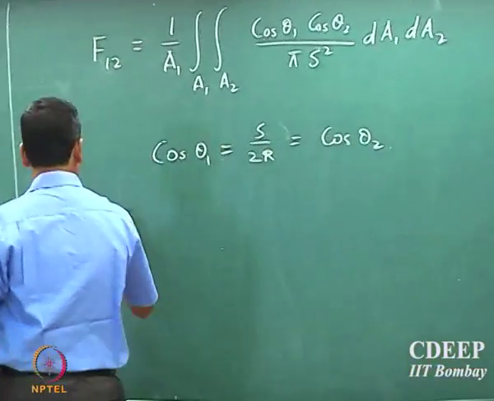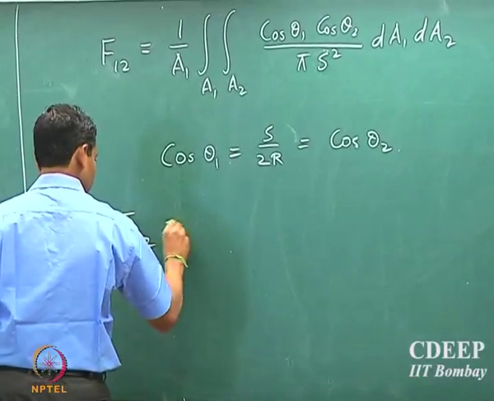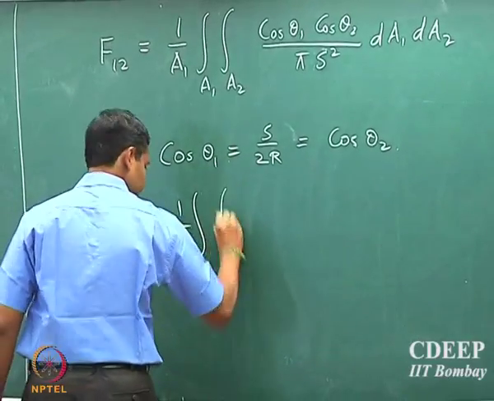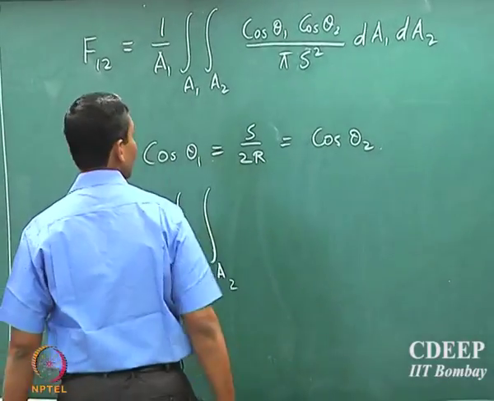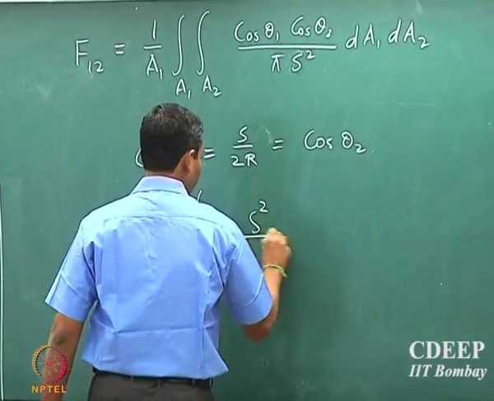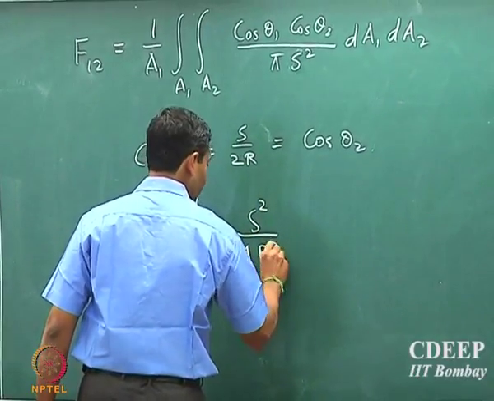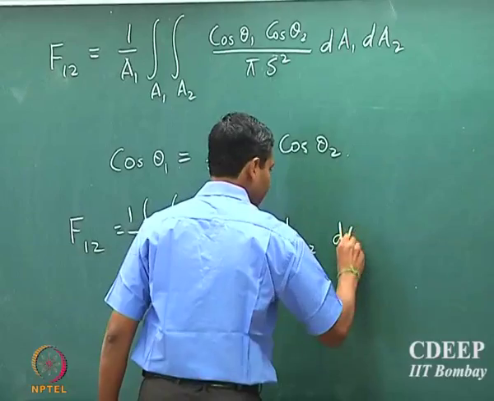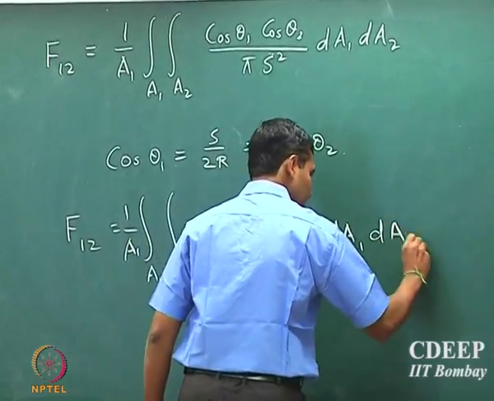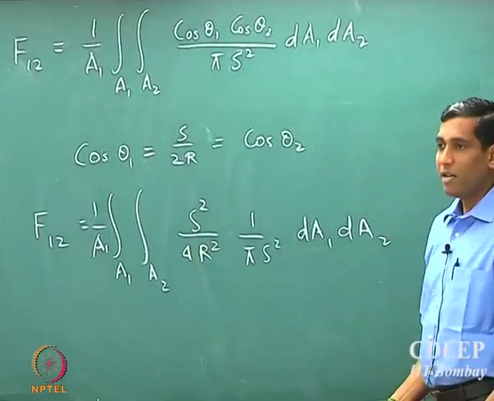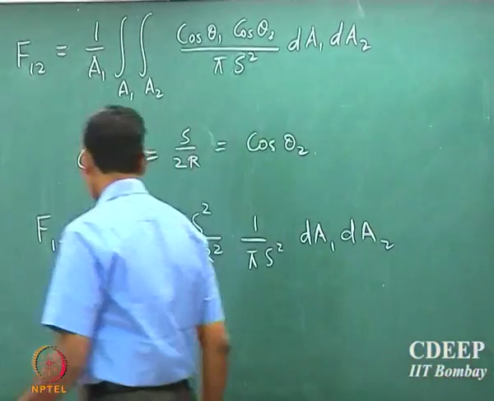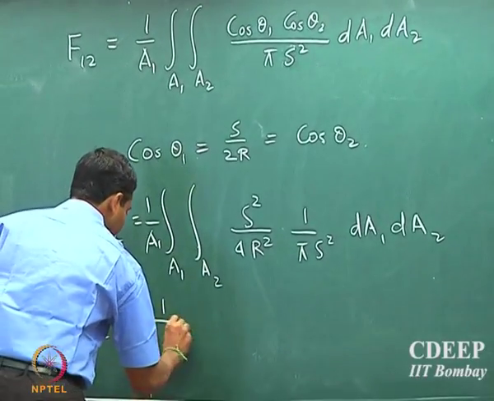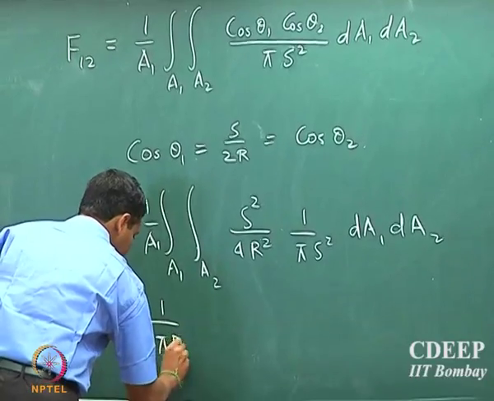So now if I plug this in, s square by 4r square into 1 by pi s square dA1 dA2. Okay, so we cancel out s square, so that will be 1 by 4 pi r square.